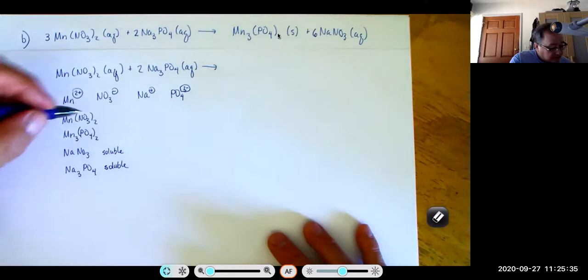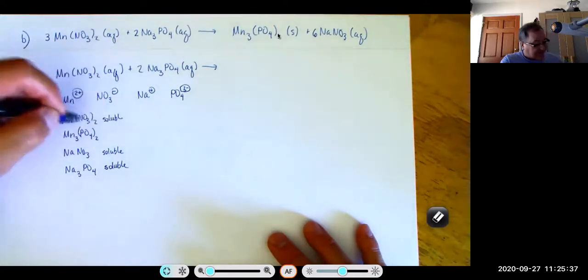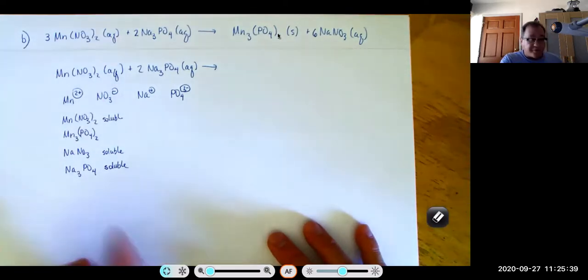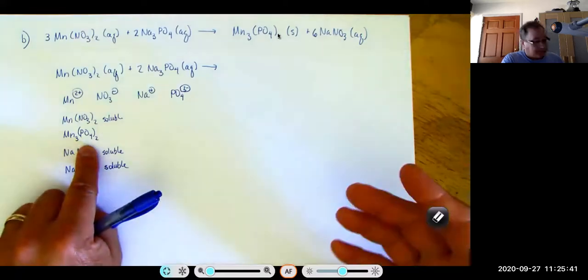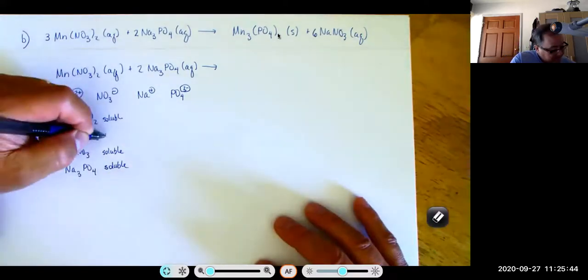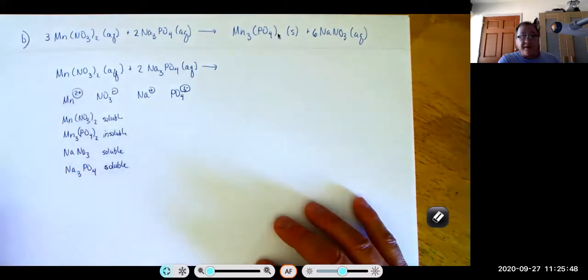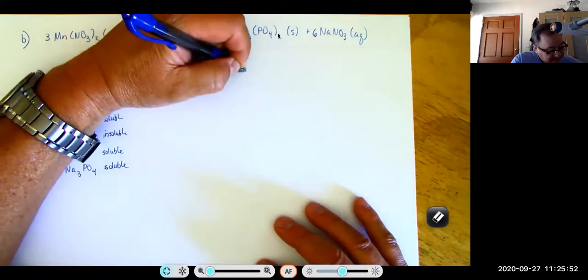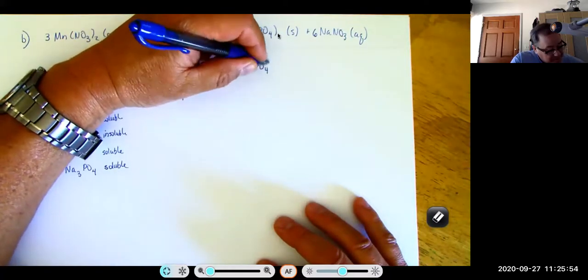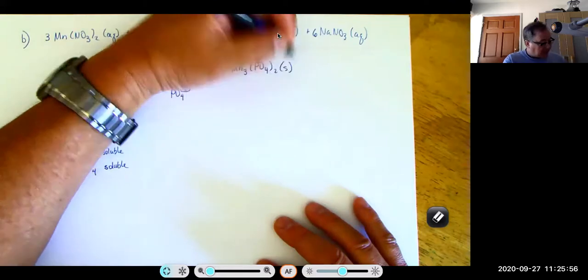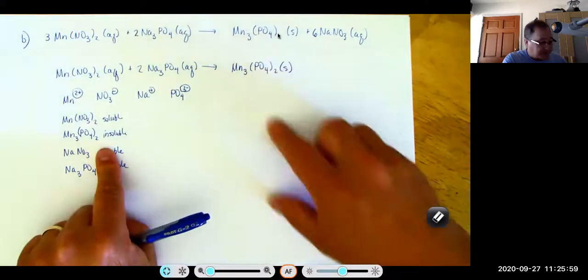This guy is soluble because it has nitrate in it. What are the rules for phosphates? Well, the rules are that they're insoluble. So what does that mean? That is going to be the precipitate. And sure enough, that's what they gave us.